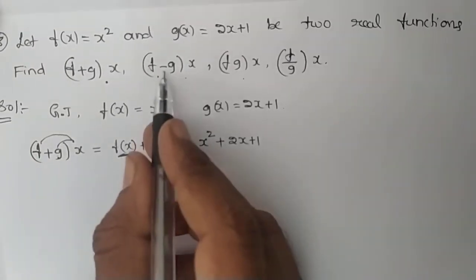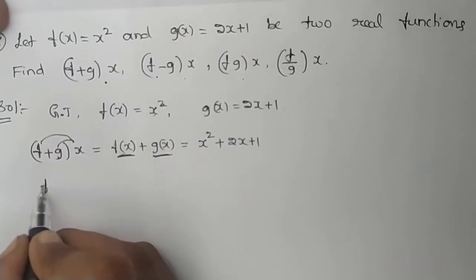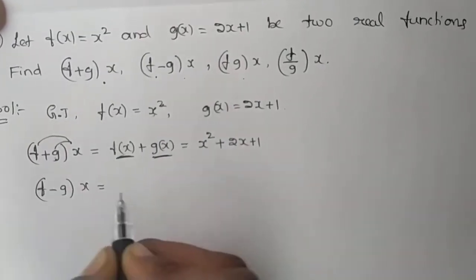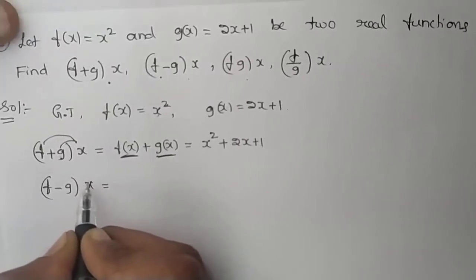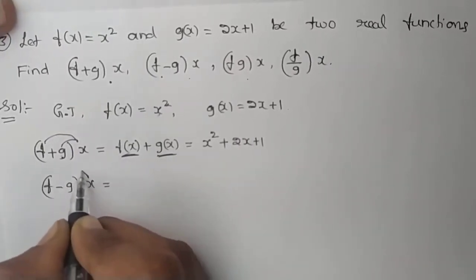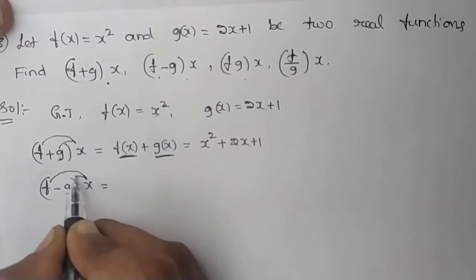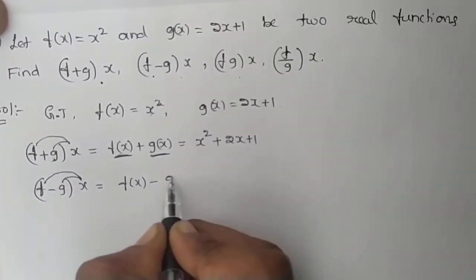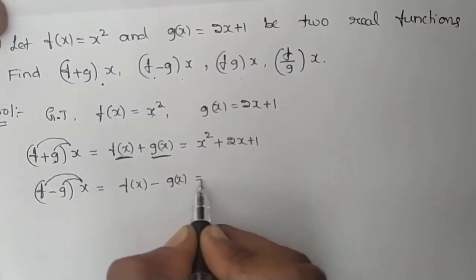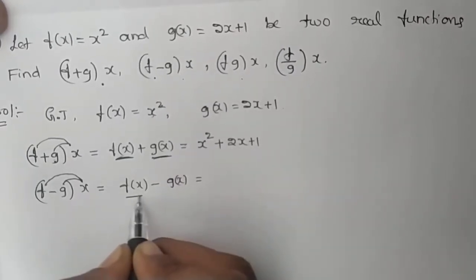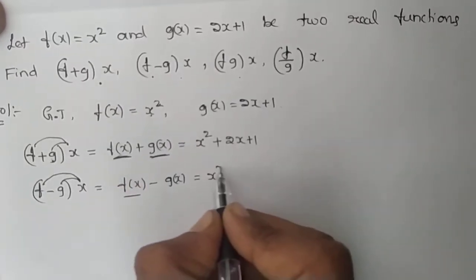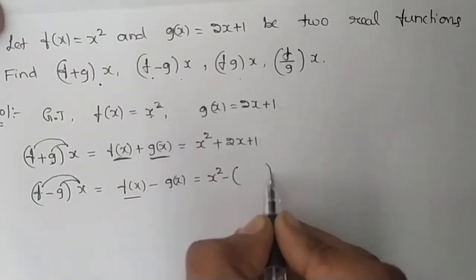Similarly, what about f minus g of x? f minus g of x will be f of x minus g of x. f of x, the function is given, that is x square, minus.